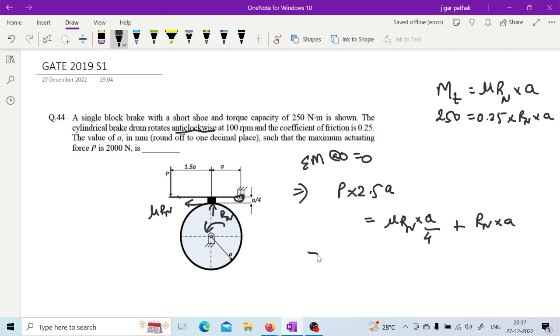So from this you can calculate, because here you are having Rn in terms of A, right? I guess Rn is 1000 by A. Yes or no? Yes, sir. Right. So you can put this Rn in terms of 1000 by A, and then you can simplify in order to get P.